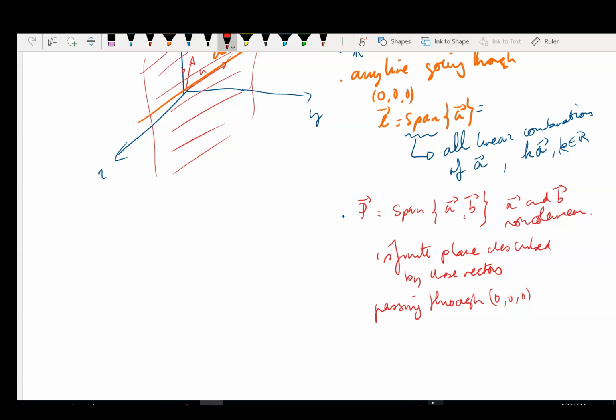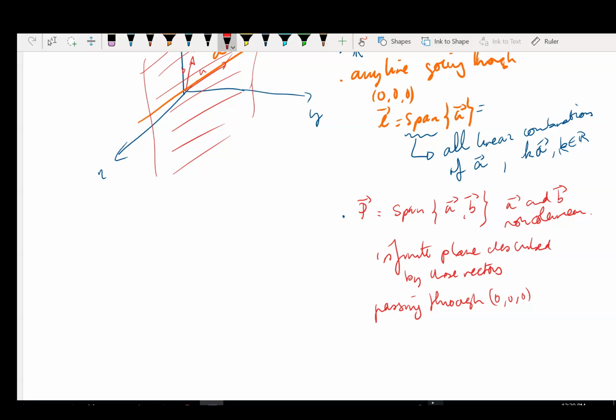So any plane that goes through 0 works. If your plane doesn't go through the 0, the linear combinations of elements of that plane are not going to stay in that plane, whereas if it goes through 0, it's going to stay in that plane. So that is an infinite plane described by those two vectors as long as they are not collinear, and it has to go through 0.